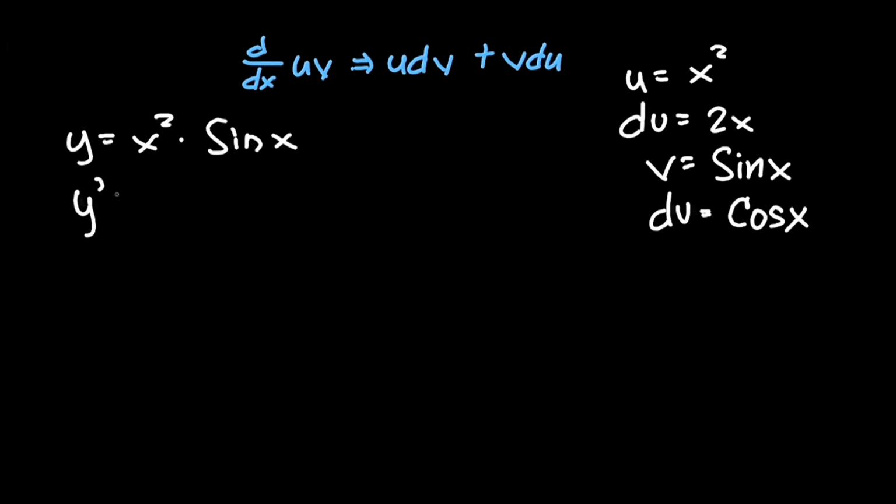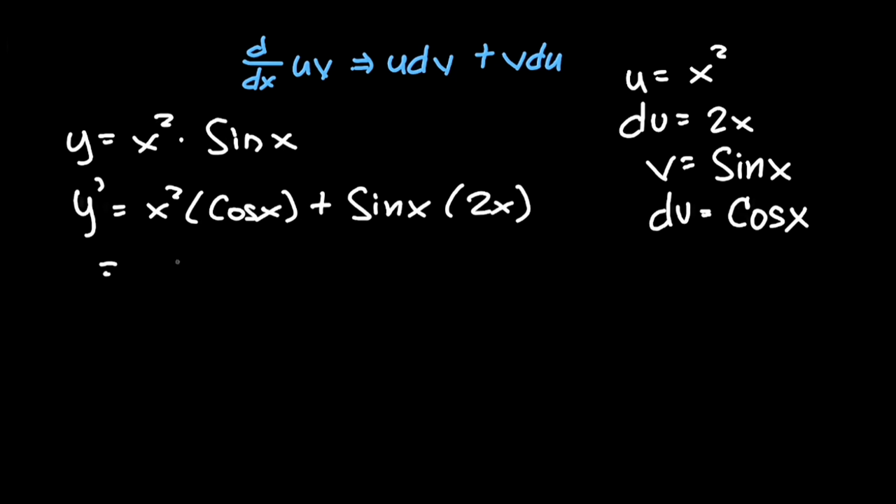Y prime now here would be x squared multiplied by cosine of x plus sine of x multiplied by 2x. Simplify this and you will get x squared cosine of x plus 2x sine of x.